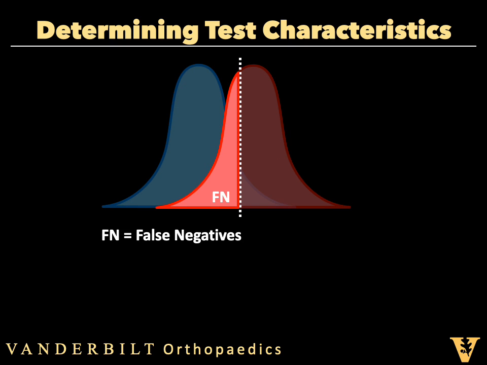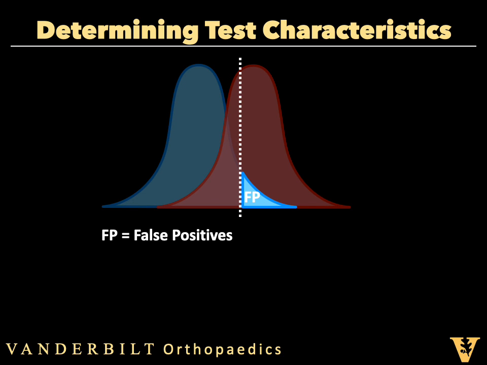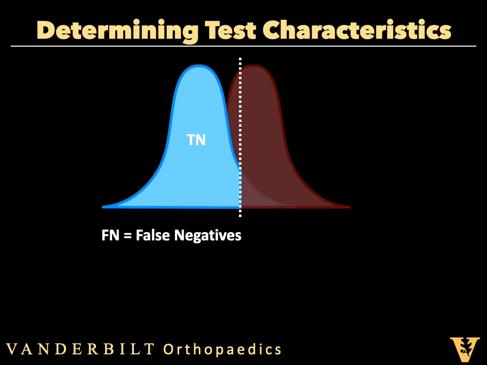The false negatives are the diseased group that are underneath that threshold. You see that little, the blue behind? Well, we have the false positives. This is the group of individuals that don't have a diagnosis, but they are above a threshold. And then we have our true negatives, which are the individuals without disease that are below that threshold.